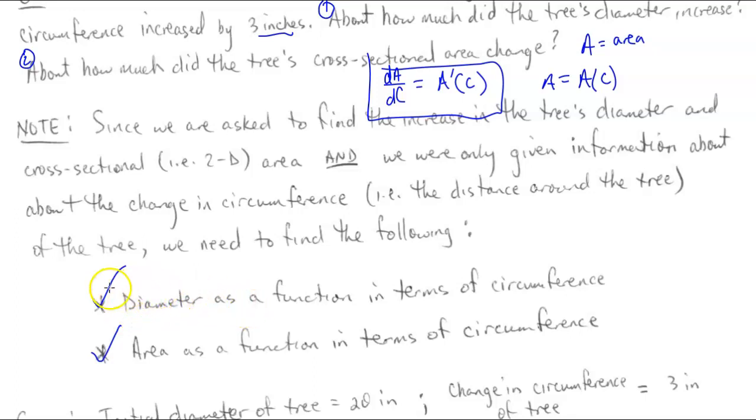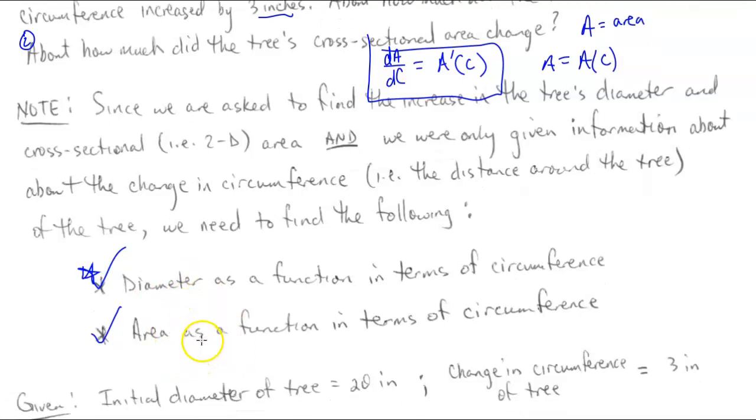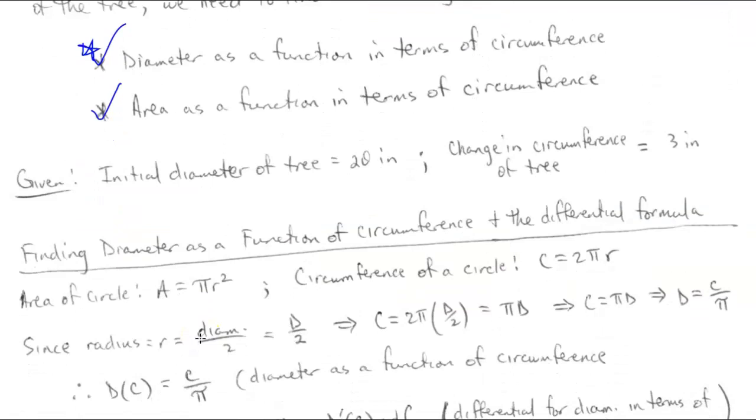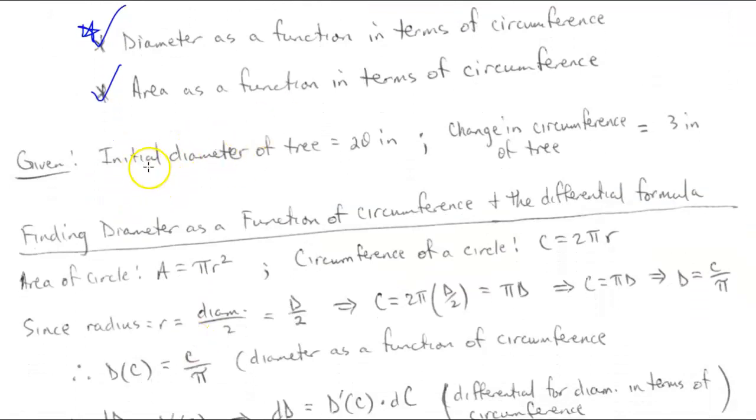So we're going to work on this first one here first, and then of course we'll work on the next one here second. So given the initial diameter of the tree was 20 inches, we also know that the change in circumference was 3 inches.